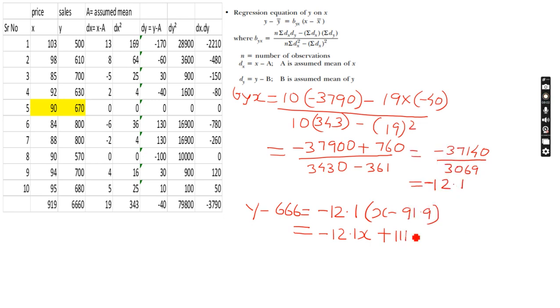that is 1112, and I move minus 666 to the right hand side, so I take plus 666. So y is equal to 1778 minus 12.1x. So this is your constant and this is your beta coefficient or the multiplier.